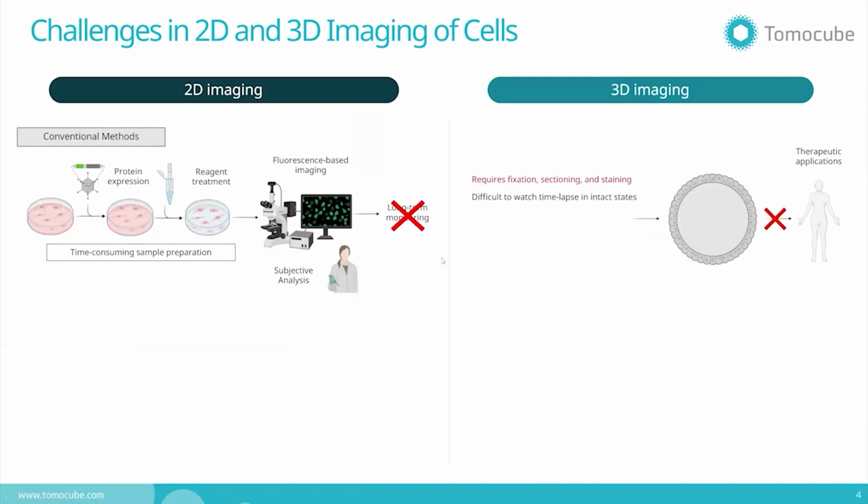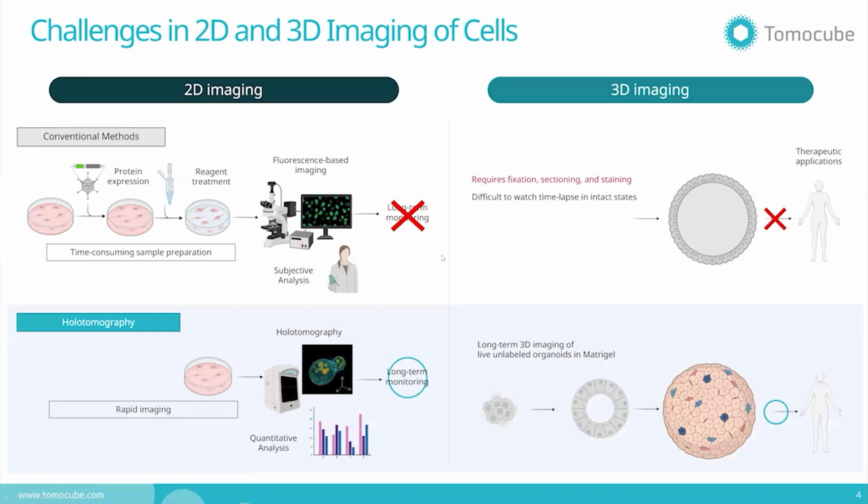And when you use HT, you can overcome several challenges and limitations of conventional imaging techniques. No preparation is required, including fixation, staining, or labeling. When you use a fluorescence microscopic technique, it requires sample preparation, and due to photobleaching and phototoxicity, even though you may generate beautiful fluorescent images, you have to discard the cells because they are not viable for a long period of time.